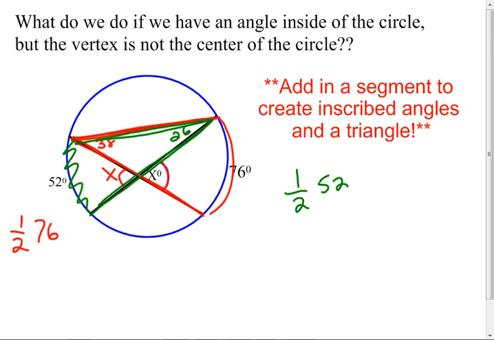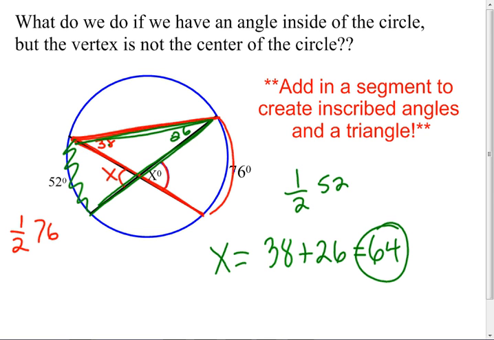And if I can remember that exterior angle theorem, life is easy because X is equal to 38 plus 26, which is 64. It's half of 52 plus 76. So if it's inside, you take the arcs and you add them and you divide them in half.